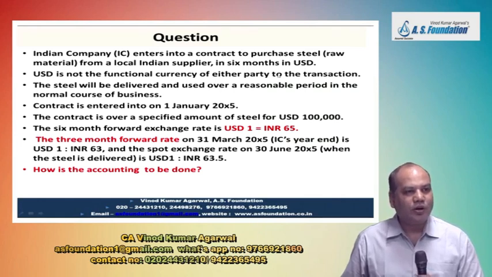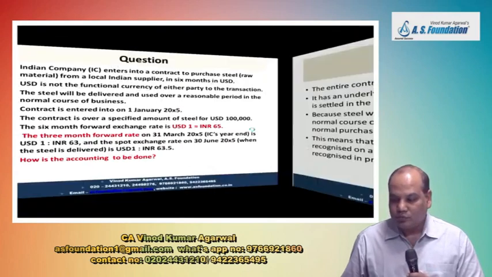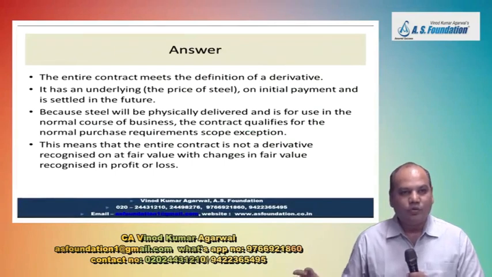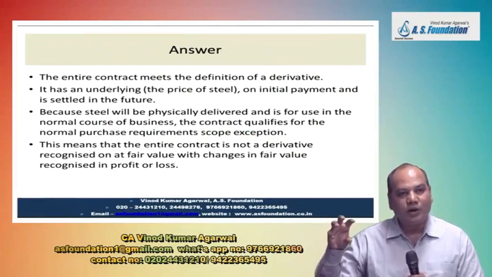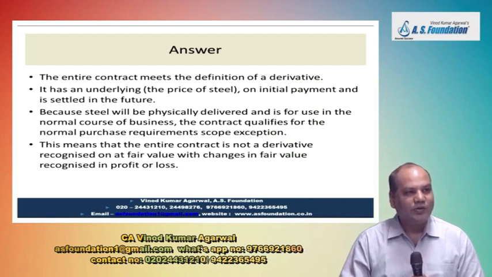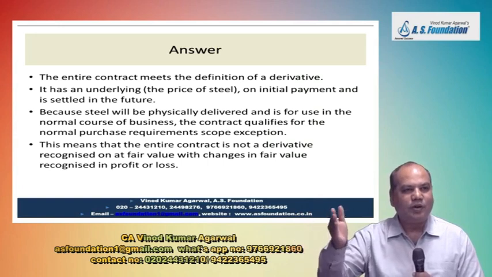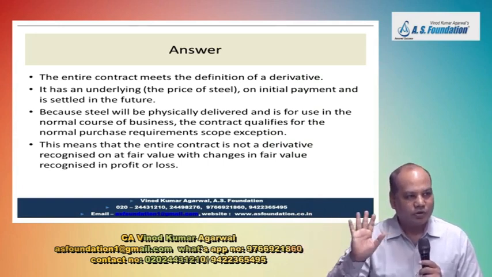So the host contract and the derivative are not so closely related. So in this case, we have to account for an embedded derivative inside this contract. And as the fair value will change, that difference will be recognized in profit and loss account.